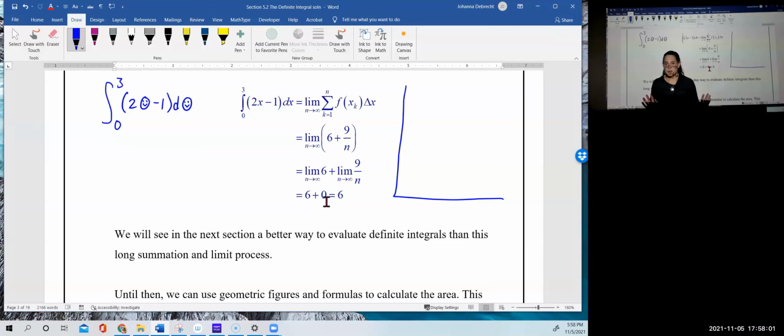So we only do it this way for about one section. And then we learn a better way of calculating the definite integral, which ties together the two fundamental ideas of integration. It takes the antiderivative and weds it to this idea of the definite integral, which represents the area under the curve. And it gives the relationship between the two.